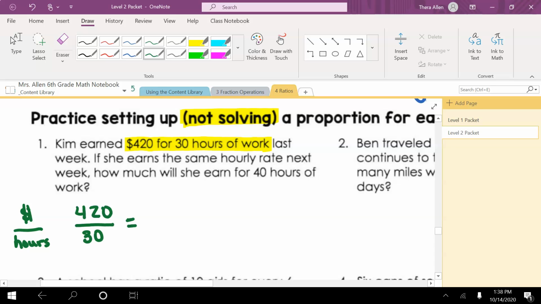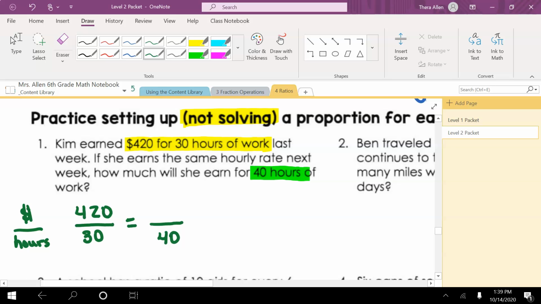If she earns the same hourly rate next week, how much will she earn? So that's asking us how much money she's going to earn, because we do not know, for 40 hours of work. So the other number we have is this 40 hours. And because I've made my key, I know that hours go on the bottom. So I'm going to put my 40 here.